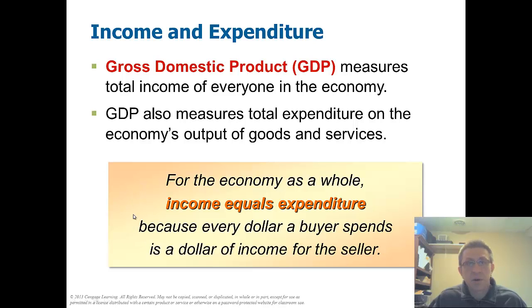For the economy as a whole, the amount of money that's spent on goods and services is also going to be the amount of income. A dollar a buyer spends is a dollar of income for the seller. The dollar of income you earn either goes into savings, which turns into investment, or goes into consumption. So income equals expenditure.